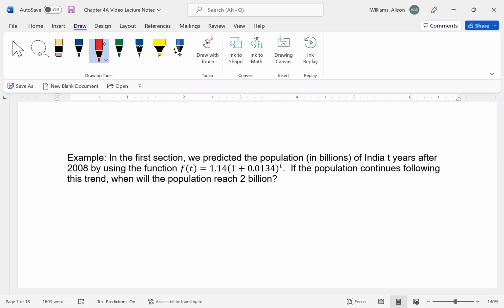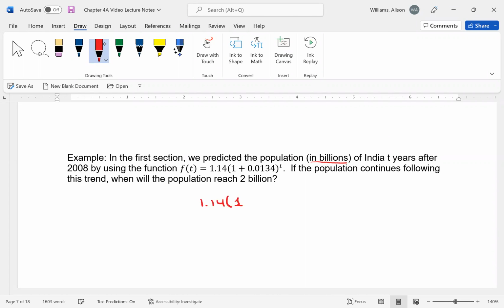So this is the equation predicting that based on growth rates and everything else. Let's figure out when this is going to equal 2 billion. Now, this particular model is actually calculating in billions. It actually says that, right? In billions.